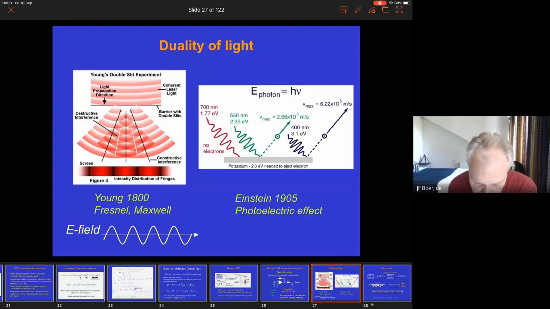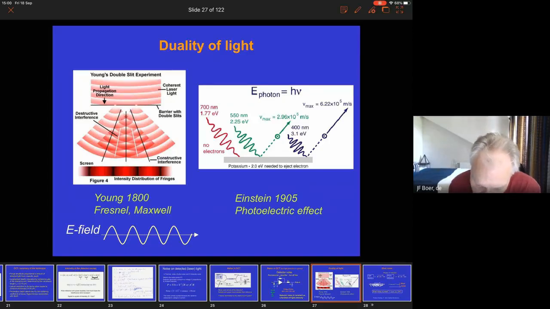The amplitude of the wave is really independent of the ability to free that electron. And so this led to the particle description of photons. The photon is a packet of energy, and if that packet of energy is not energetic enough to free up that electron, it won't happen.